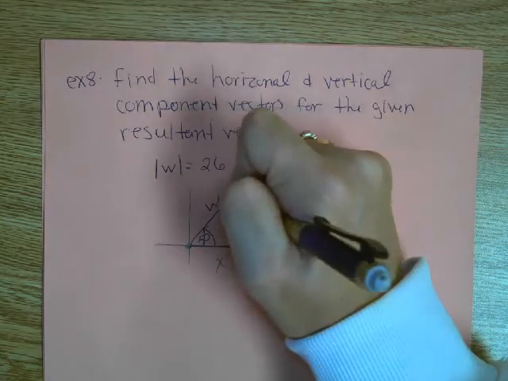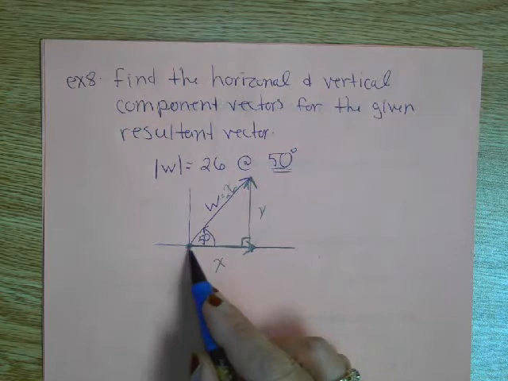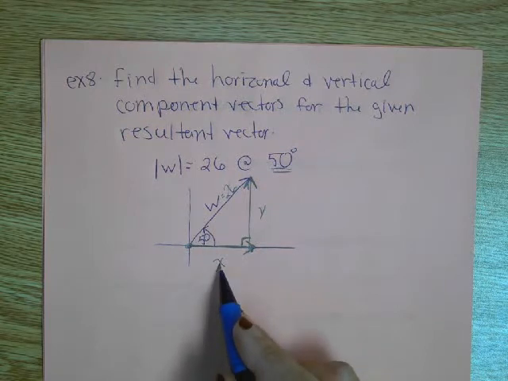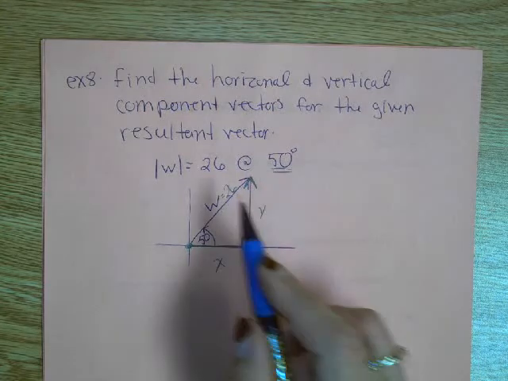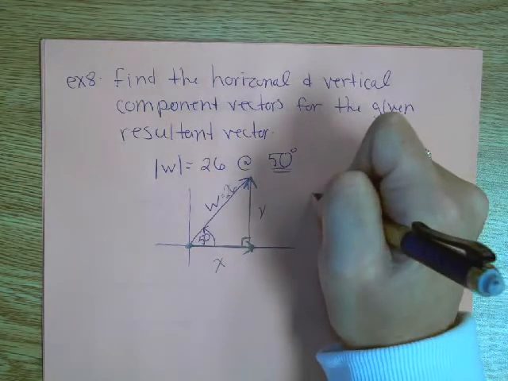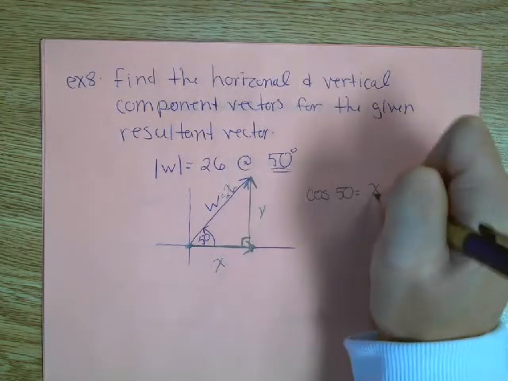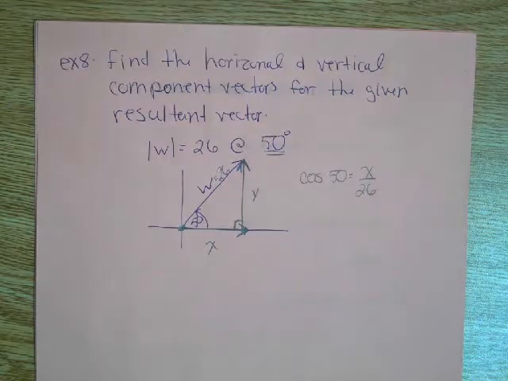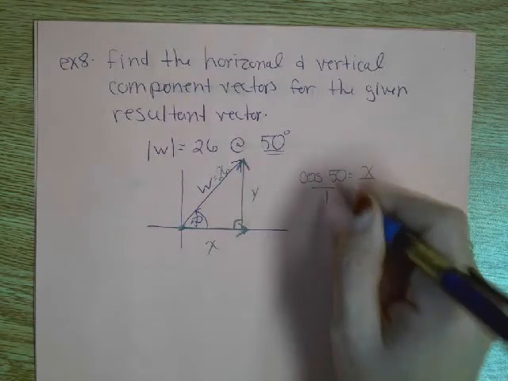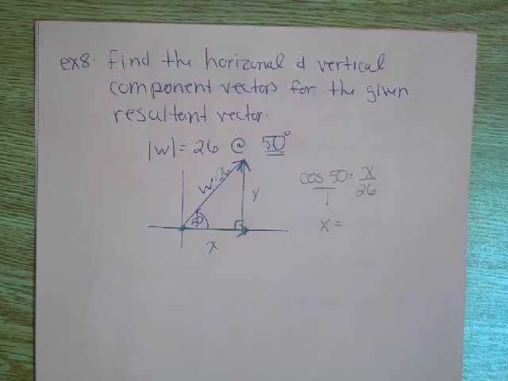And W is 26. So right triangles are solved very easily with SOHCAHTOA. Let's go stand at the 50. Adjacent over hypotenuse is, good review for the exam, cosine. Cosine 50 equals x over 26. Do a little cross product using sig figs.